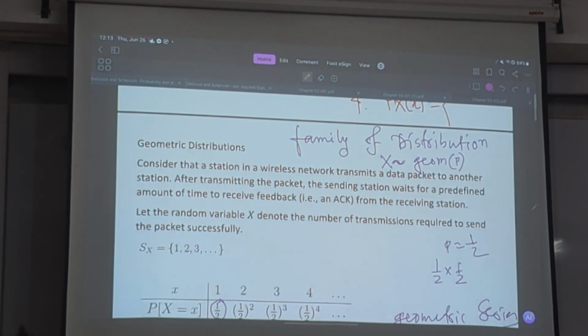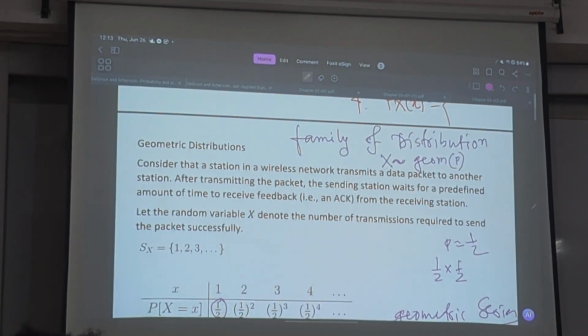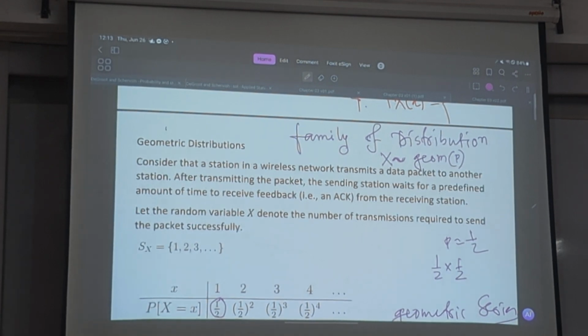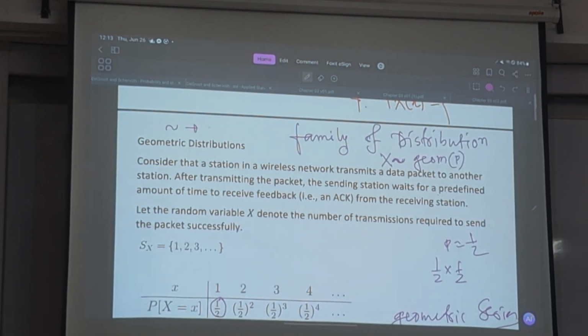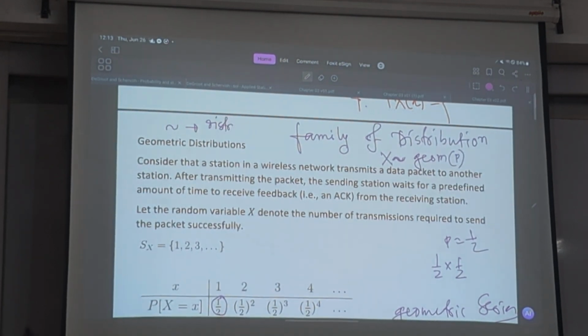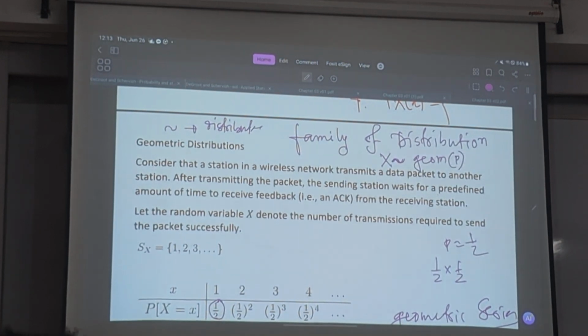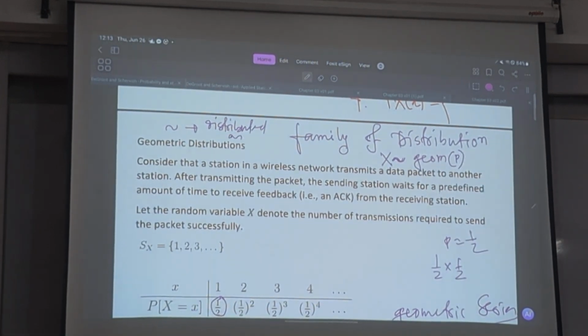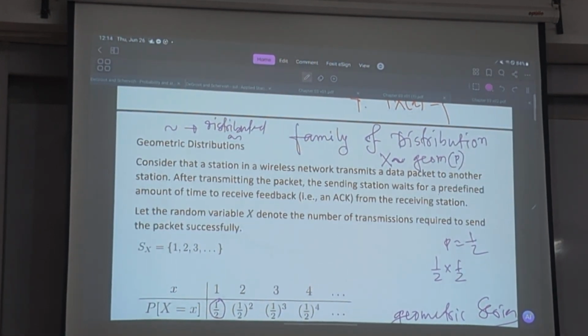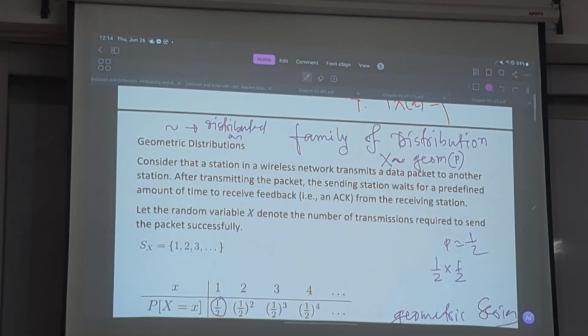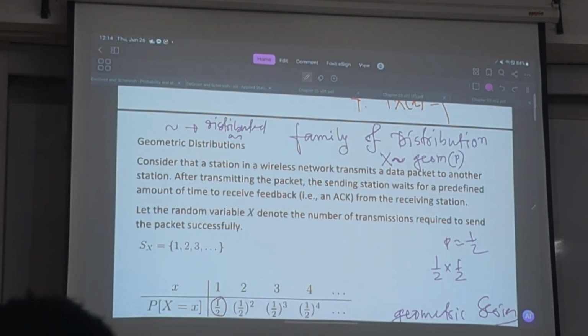Then Geometric(p). It says X is distributed as geometric with parameter p.